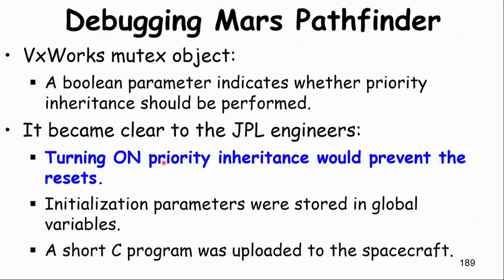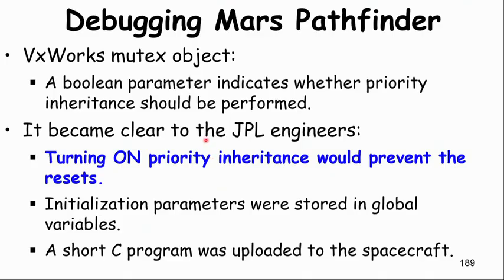In summary, I can say that the Mars Pathfinder was experiencing problems because the solution to the unbounded priority inversion, in the form of a priority inheritance procedure, was disabled by the Boolean variable.